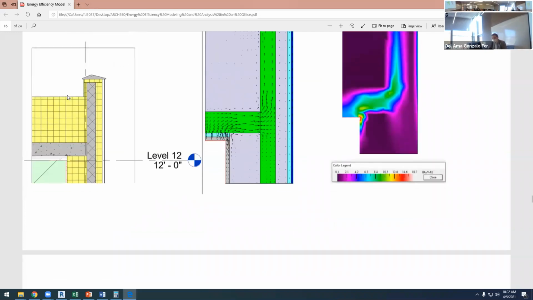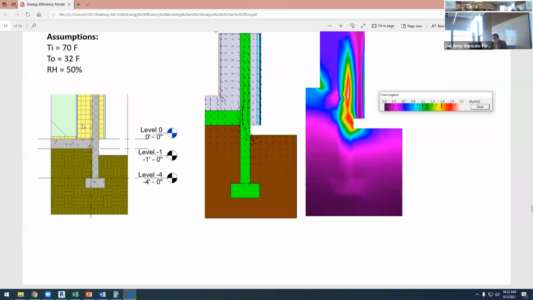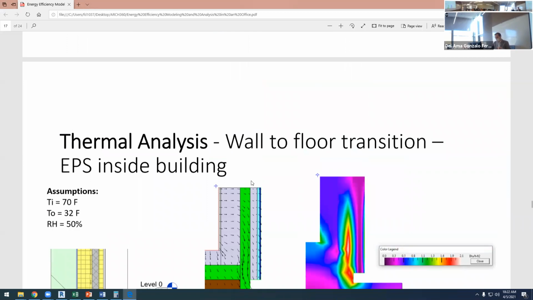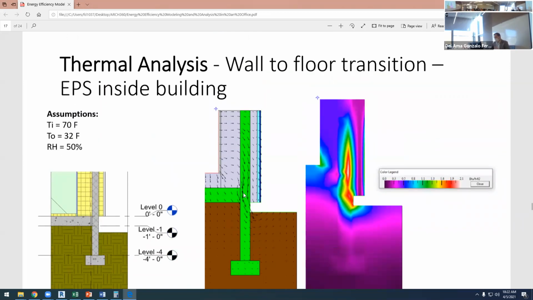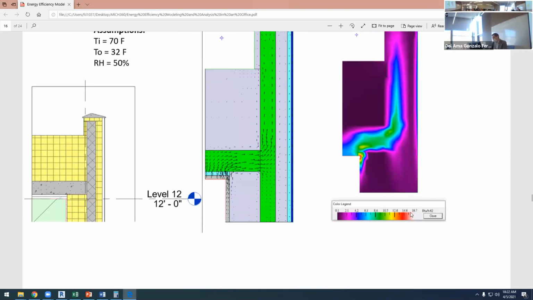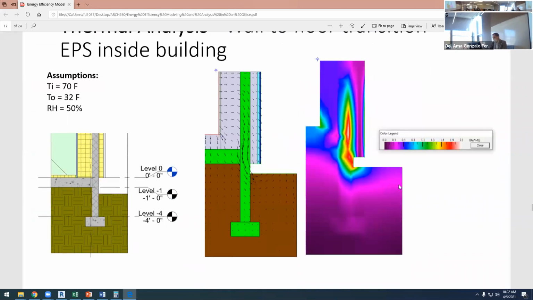And that's interesting because look at the amount of thermal insulation we have here and the amount of thermal insulation that we have there. So it's sometimes not about the amount of thermal insulation, it's about how we place this thermal insulation. In this case, even with more thermal insulation, results are worse here than there.